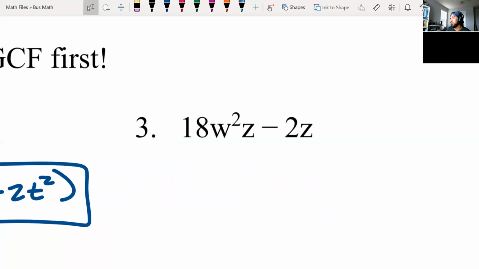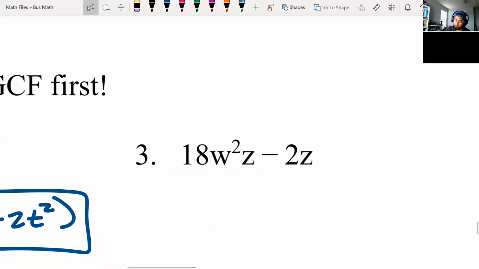So number 3. We come across something that was just mentioned. What if they're not perfect squares? Well, we look for a greatest common factor then and see if we can fix it. So look at 18 and 2. What could you take out? A 2. And is there another greatest common factor?